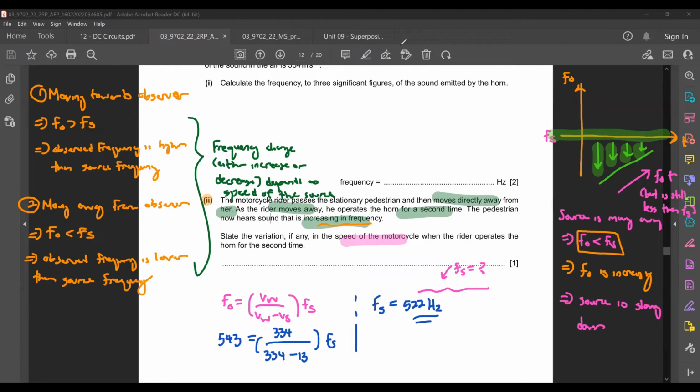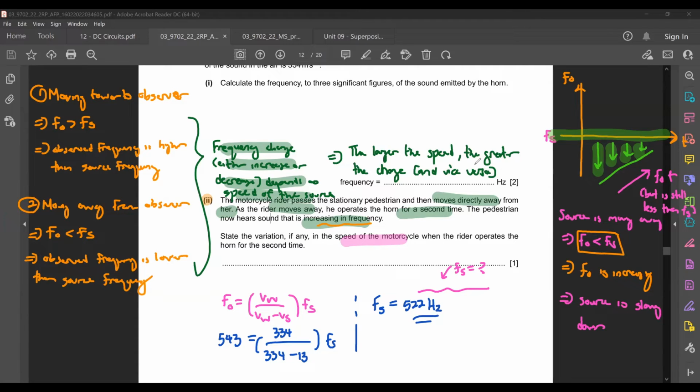Okay, back to what I mentioned here. I told you frequency change, which is either an increase or decrease, depends on the speed of the source. So what you should know from here is that the larger the speed, the greater the change, and vice versa.